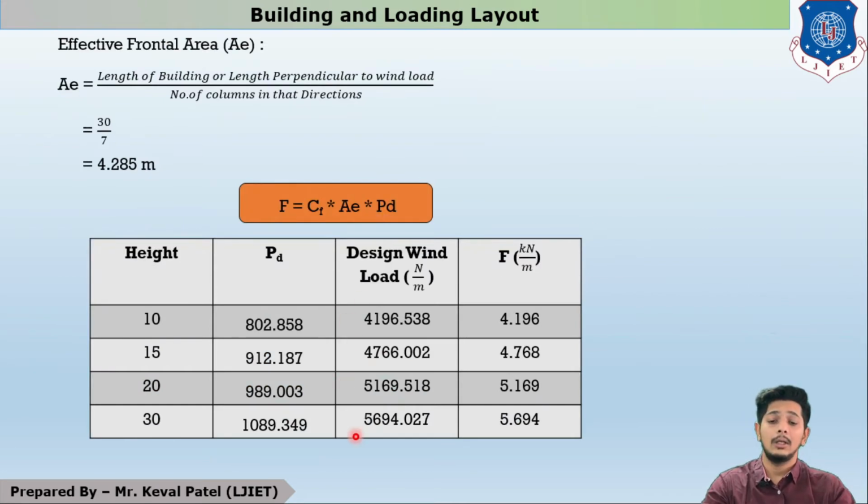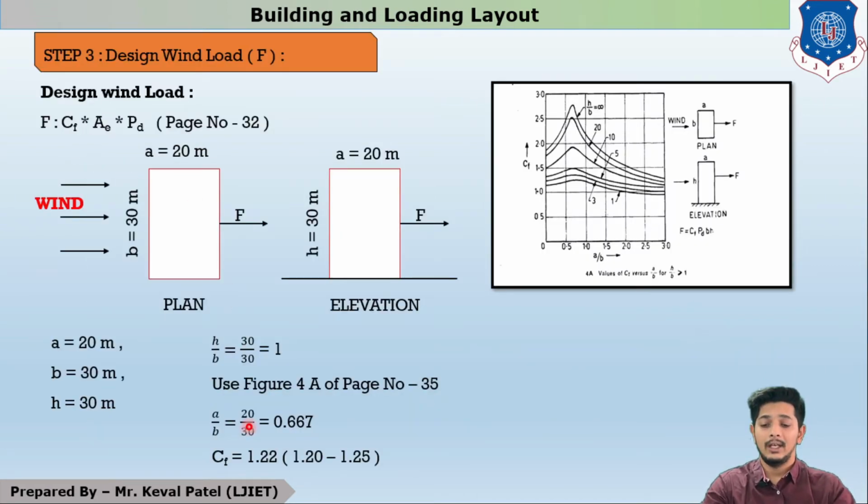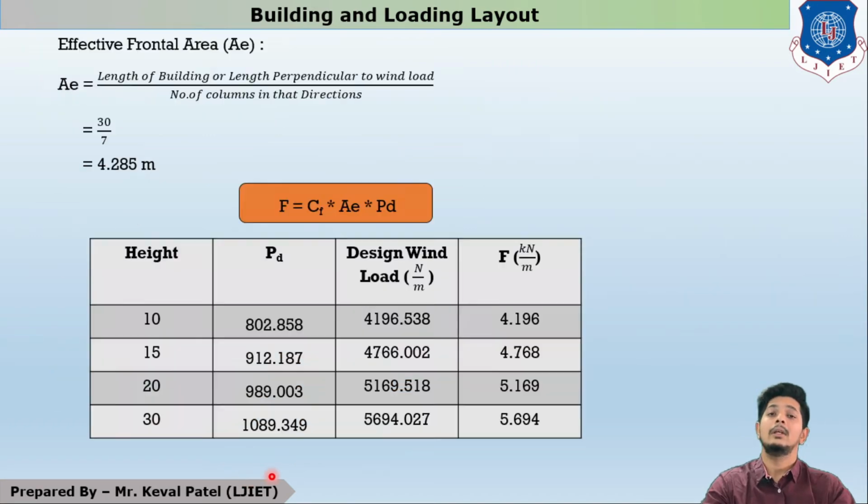Now the third column is design wind load, that is F = CF × AE × PD. AE value is 4.285, CF value is 1.22, and multiplying it with PD, I will get these values. These values are in Newton per meter, but I will need them in kilonewton per meter.